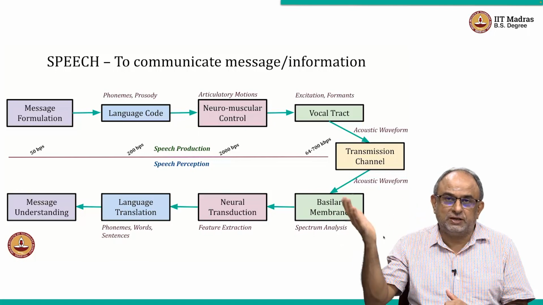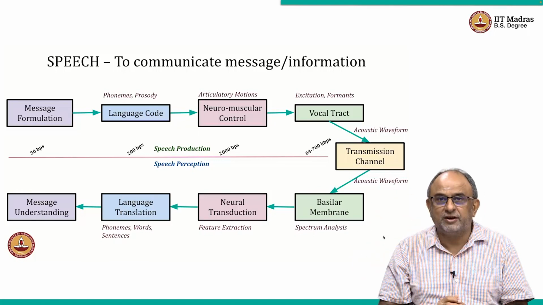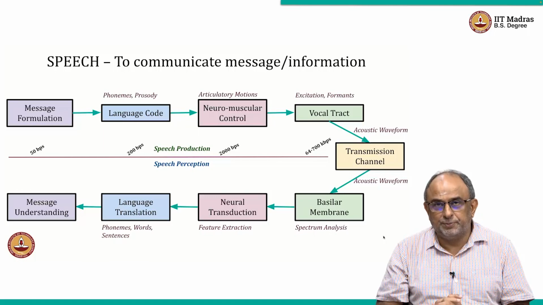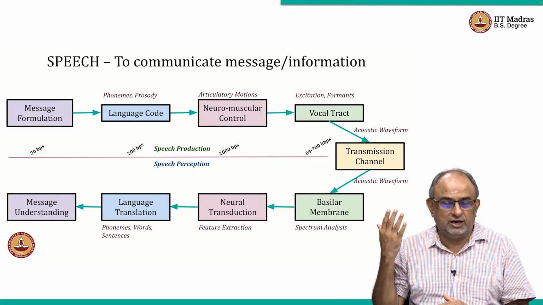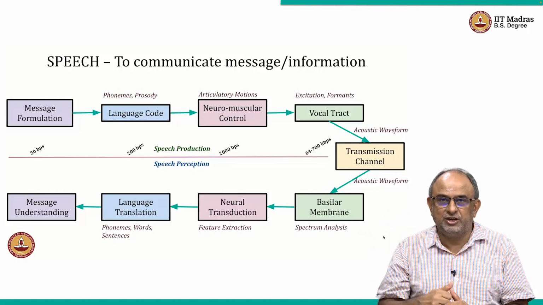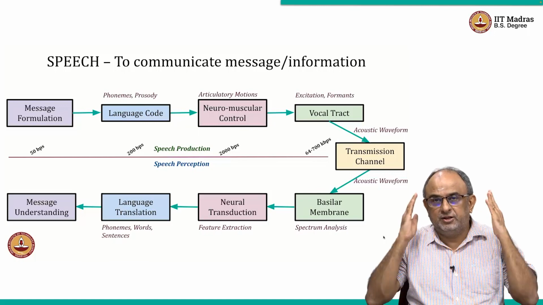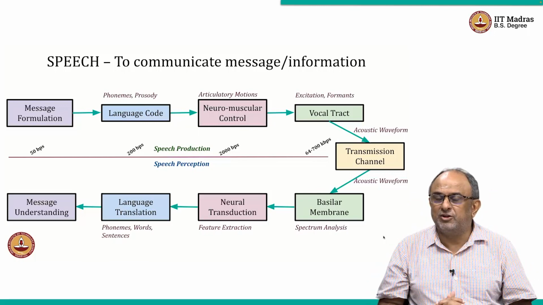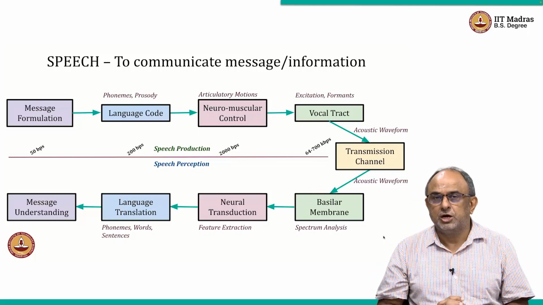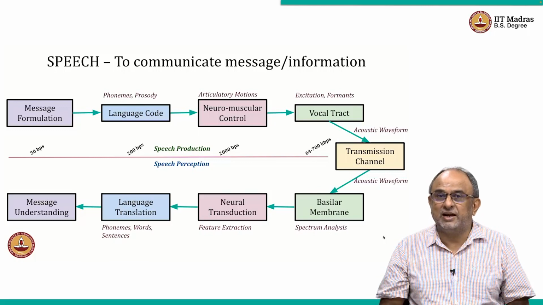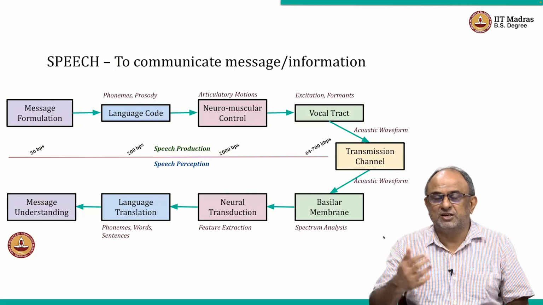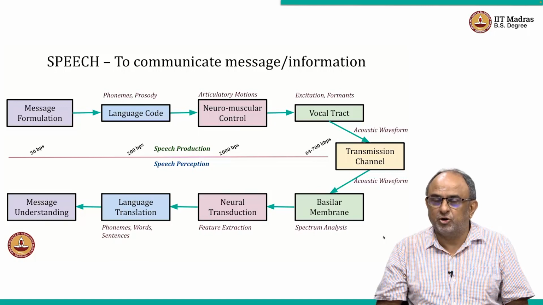The rarefactions are picked up by the ear, which has something called the basilar membrane. You would have heard about the eardrum. The eardrum vibrates, and that activates the nerves of the basilar membrane, and then the nerves take it to the brain, and beyond that it's still not very well understood. But we as humans can understand that, okay, this person is telling me, shall we go for lunch, and okay, I agree.